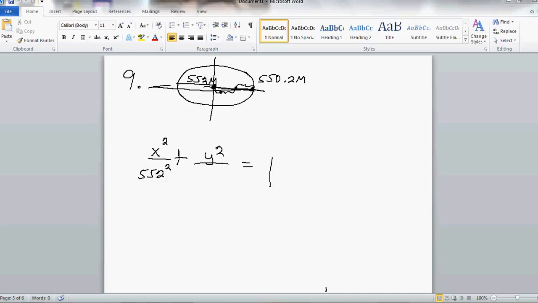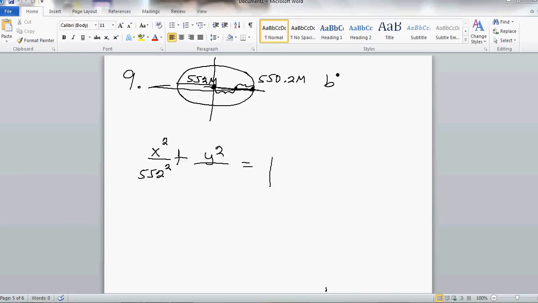So that would mean that the distance between there and there, which we always call c, the distance between the center and the focus, is how we would determine it.